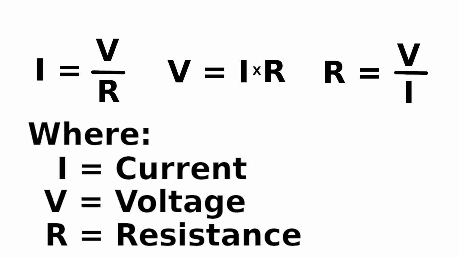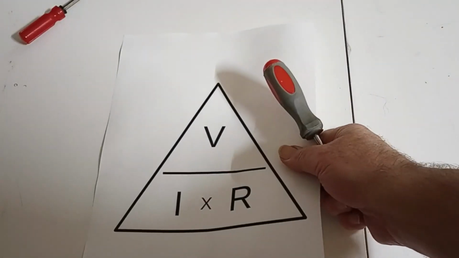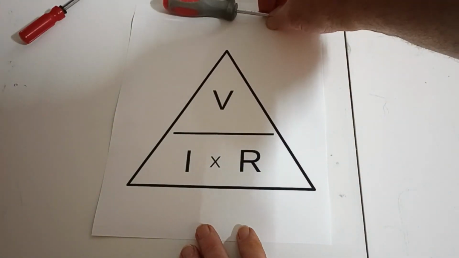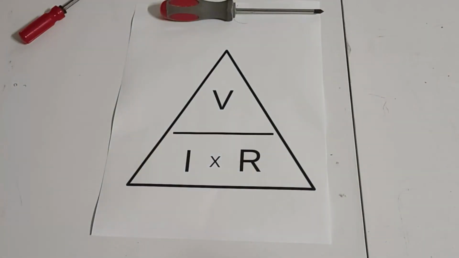People quickly realized that you could rearrange this so that if you knew any two of the three, you could compute the third one. Some friends of mine found it very helpful to have one of these, and a screwdriver, and also a cup of coffee.